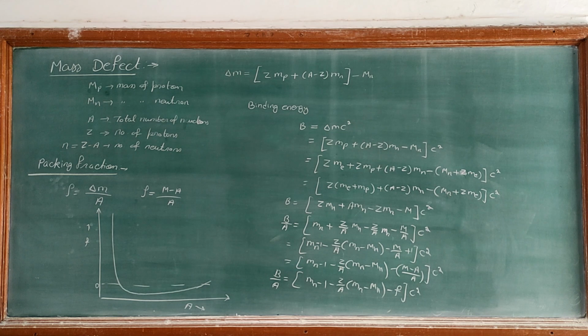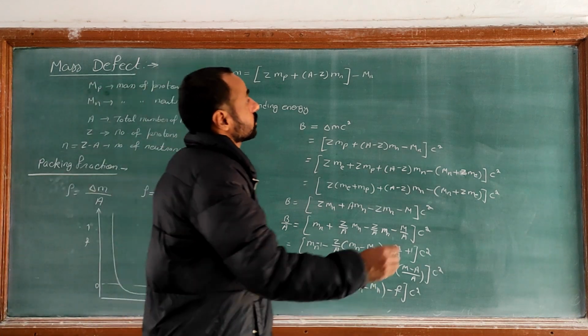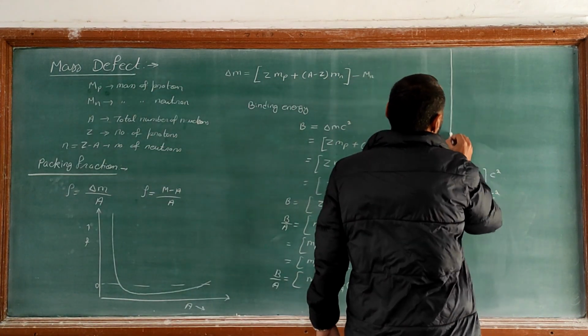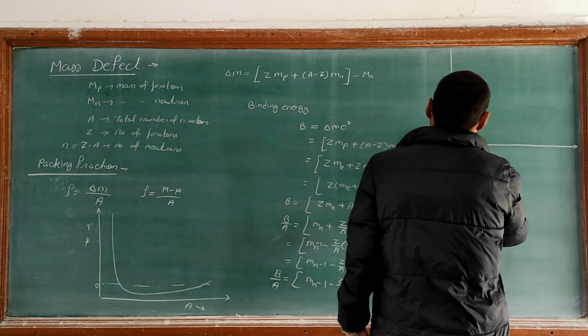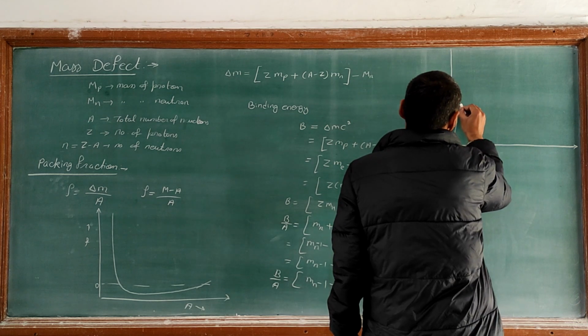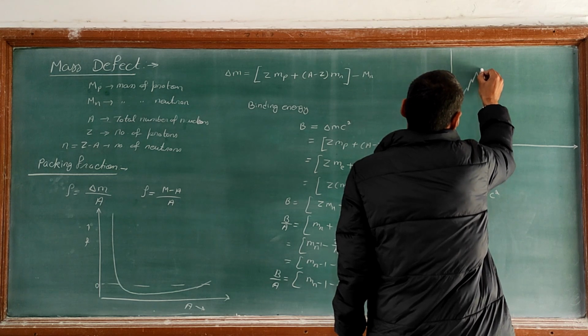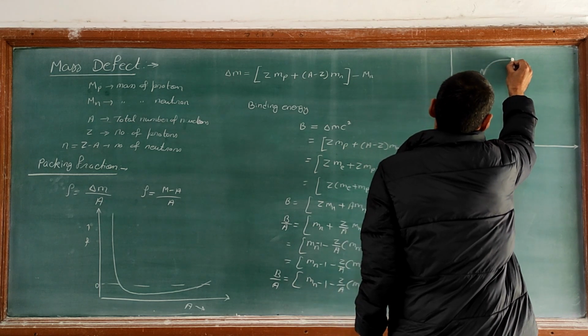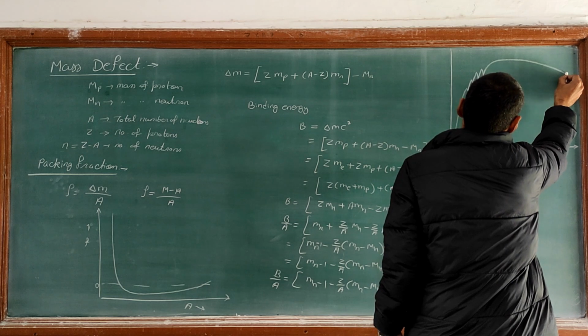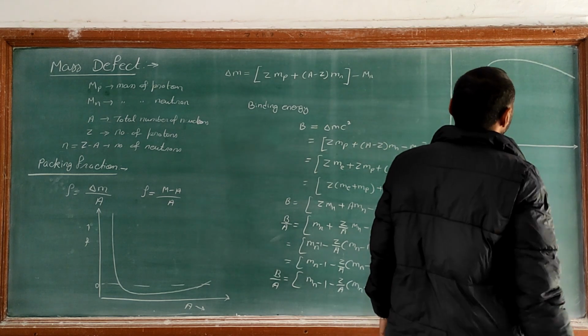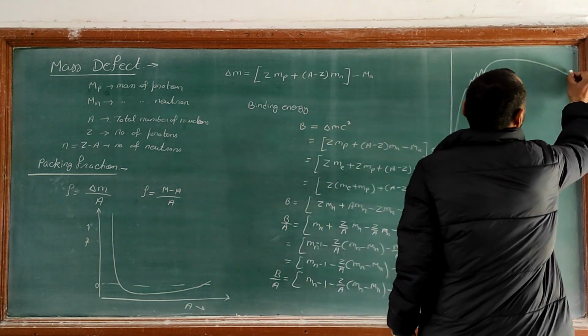Now if we plot the binding energy per nucleon against the mass number A, then from the experimental data the graph is like this. It initially increases and then there are a few spikes, and then it increases and slowly decreases, and it is least for uranium 235.